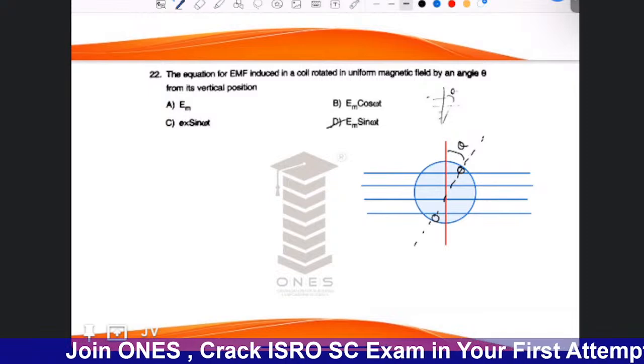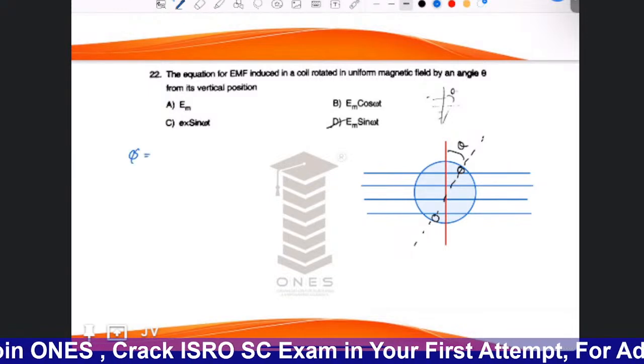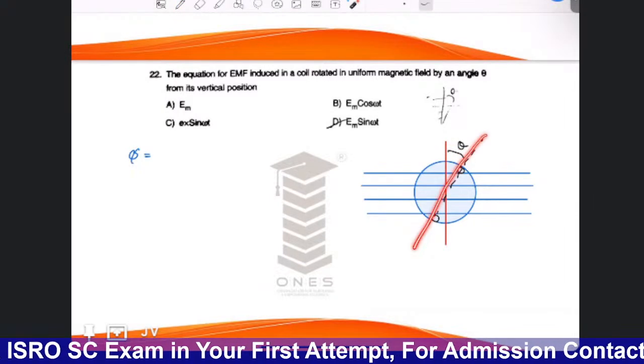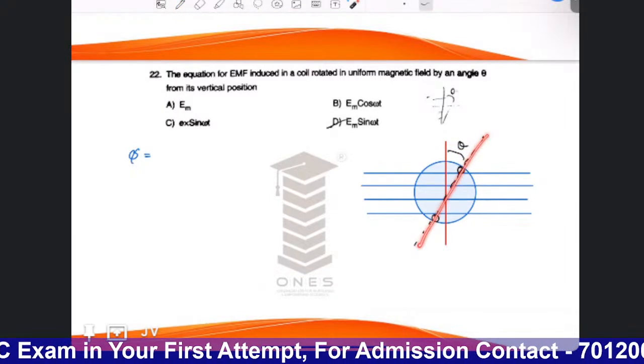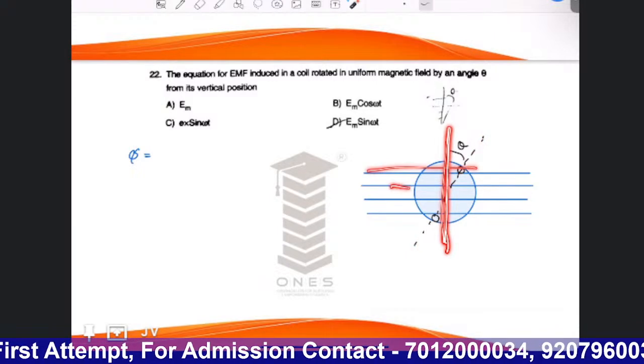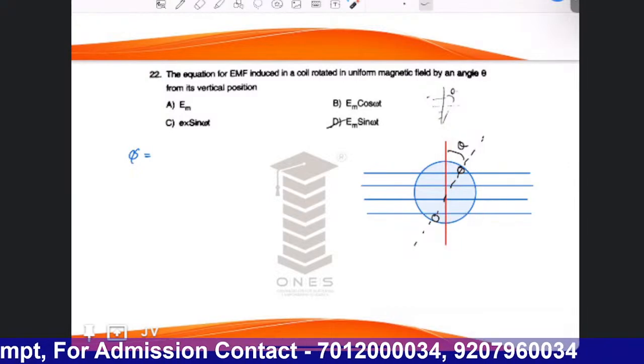Okay, so you see how you will write flux phi. When the angle is 0, this coil will be here. When the angle is 0, the flux linkage is maximum.